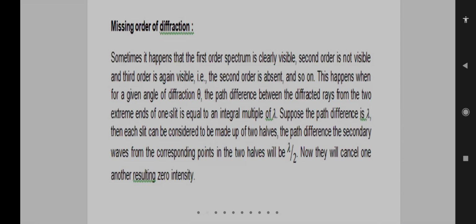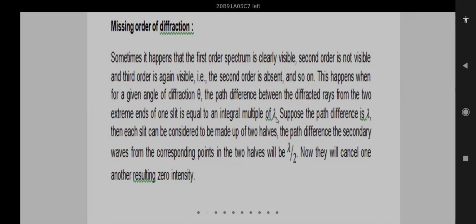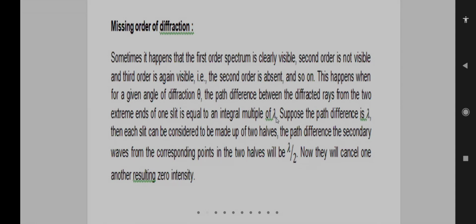The light rays which are emerging from the slits, in between, the path difference between the two diffracted rays may sometimes be equal to a half integral multiple of lambda. Suppose the path difference is lambda, then each slit can be considered to be made up of two halves.